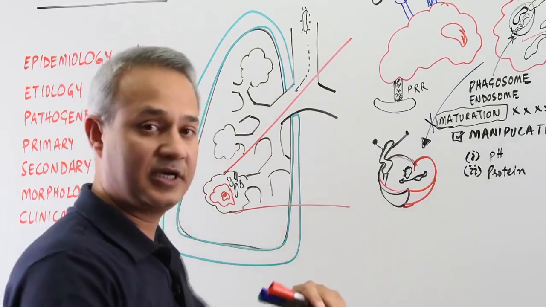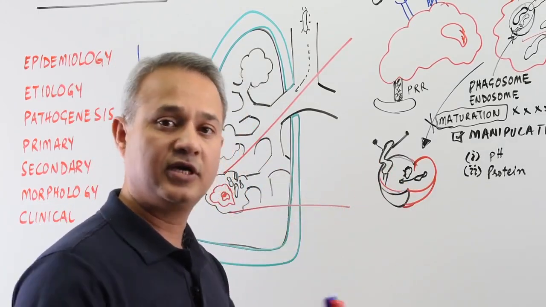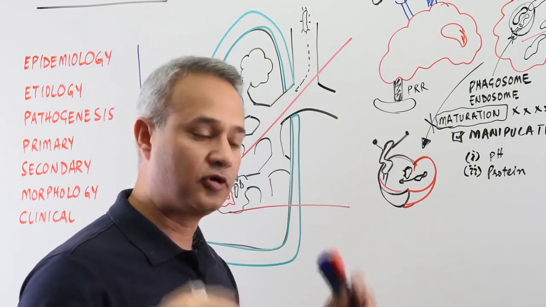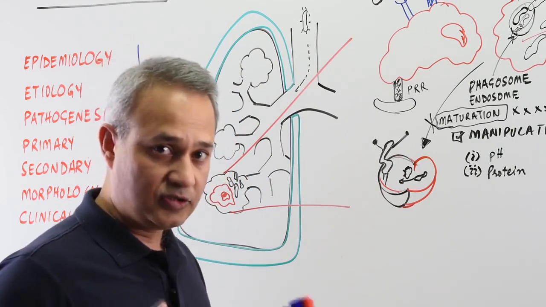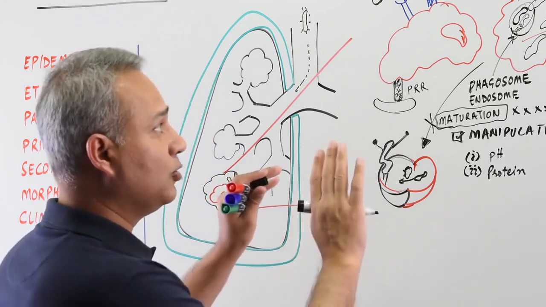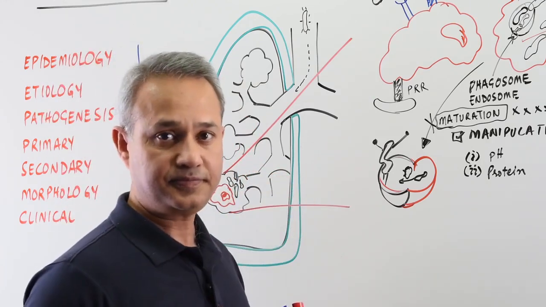After the replication, what will happen? The macrophage will burst open, the pathogen will come out, go into the interstitial fluid, go into the bloodstream, and bacteremia will occur. Right? So that is the primary way that this pathogen evades the killing.